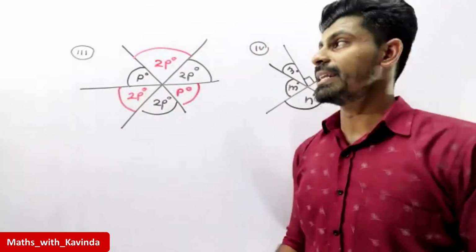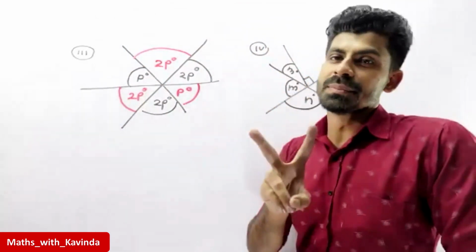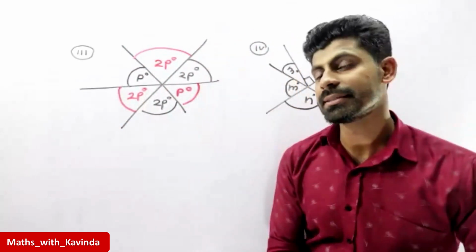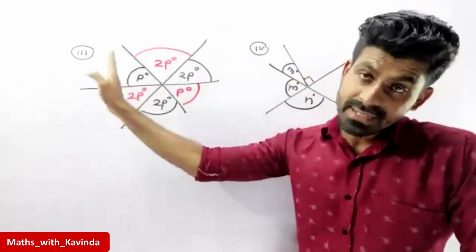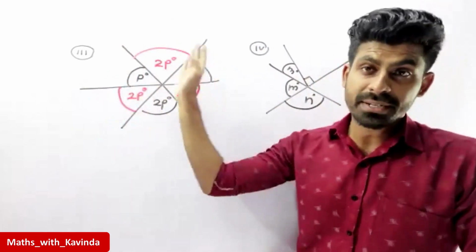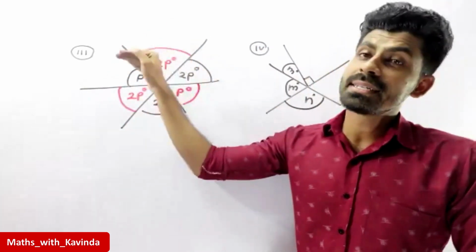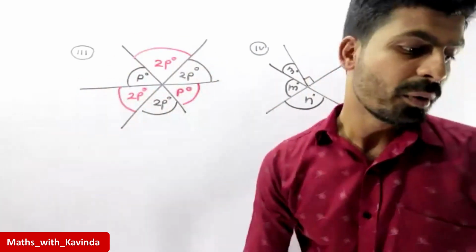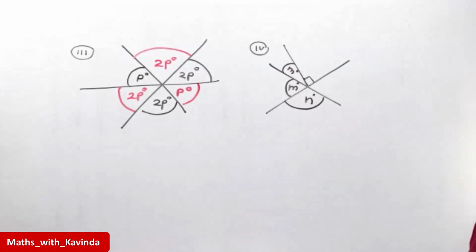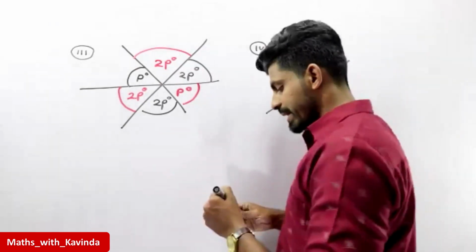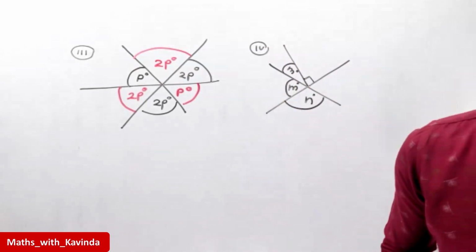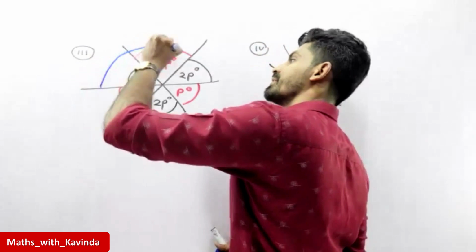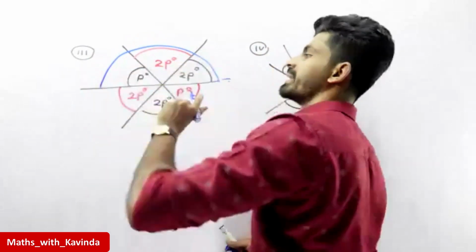Now we can use two theorems. Angles around a point add up to 360, or angles on a straight line add up to 180.